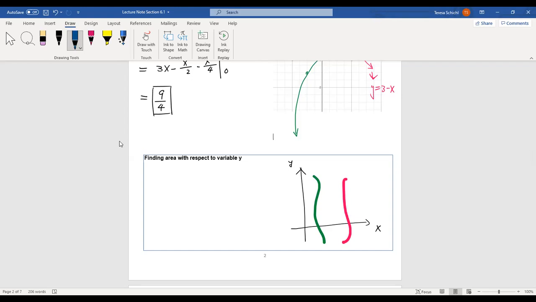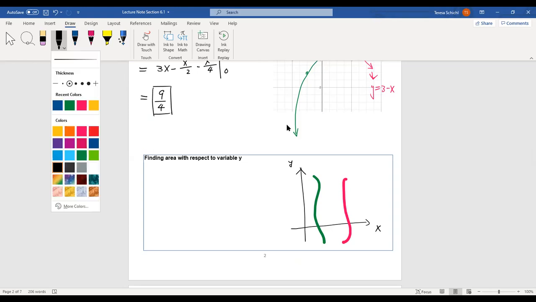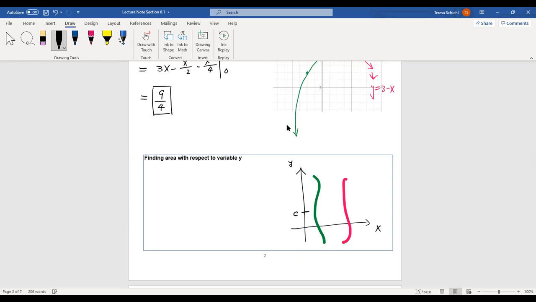If I have functions like that, bounded by y equals c to y equals d, basically I'm looking for the area. This is the area. Then how do I do that?